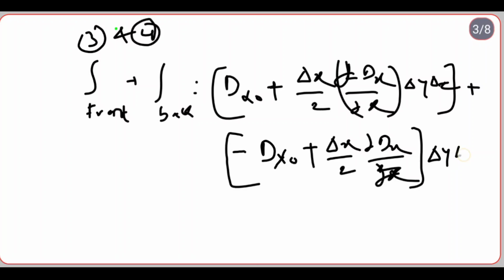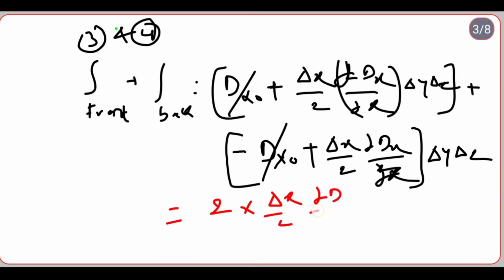Combining these two equations, dx naught gets cancelled, and we obtain 2 into delta x by 2 dou dx by dou x into delta y delta z.